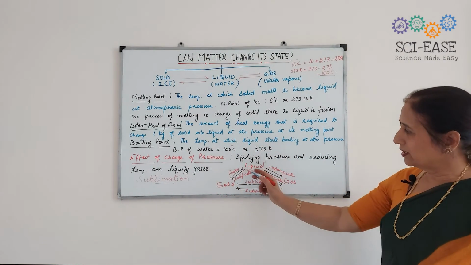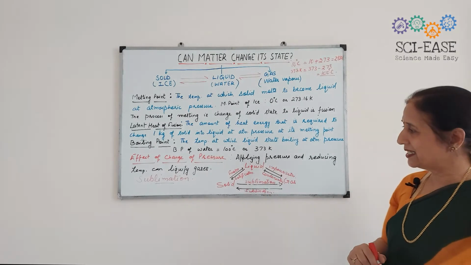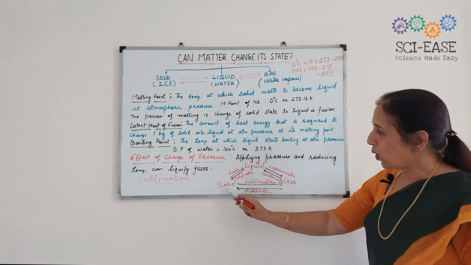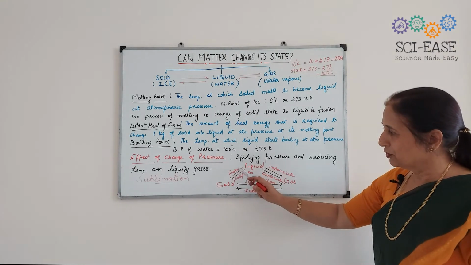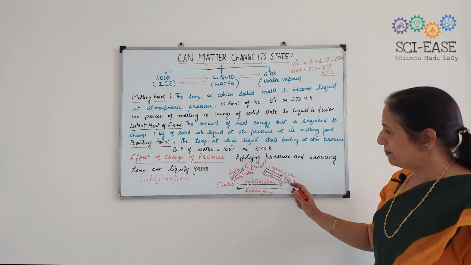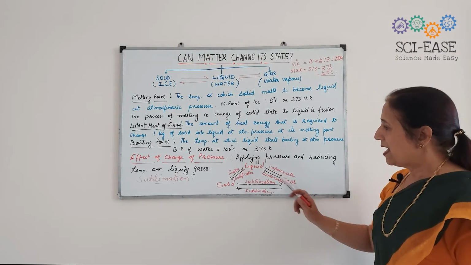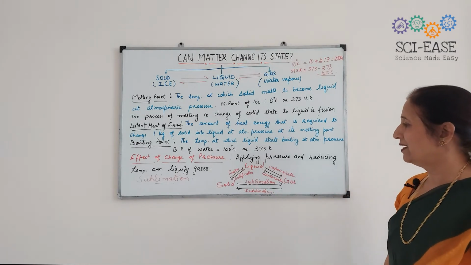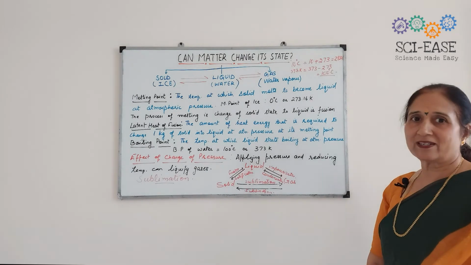Now I have drawn this flow chart, you can say. Solid can be changed into liquid by the fusion process. Liquid can be changed into gaseous form by the vaporization process, and solids can be changed into the gaseous form and vice versa by the sublimation process.